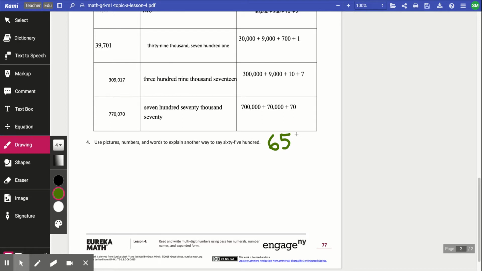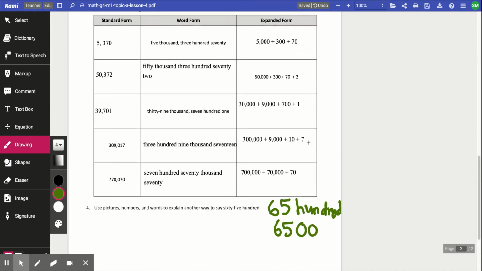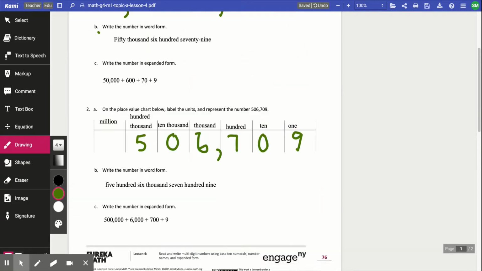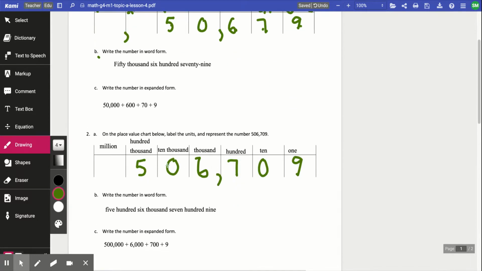They want me to look at and be able to write 6,500. Oh, okay. So 6,500, I know, is 65 hundreds, right? If we think back to that place value chart, right? 65 hundreds.